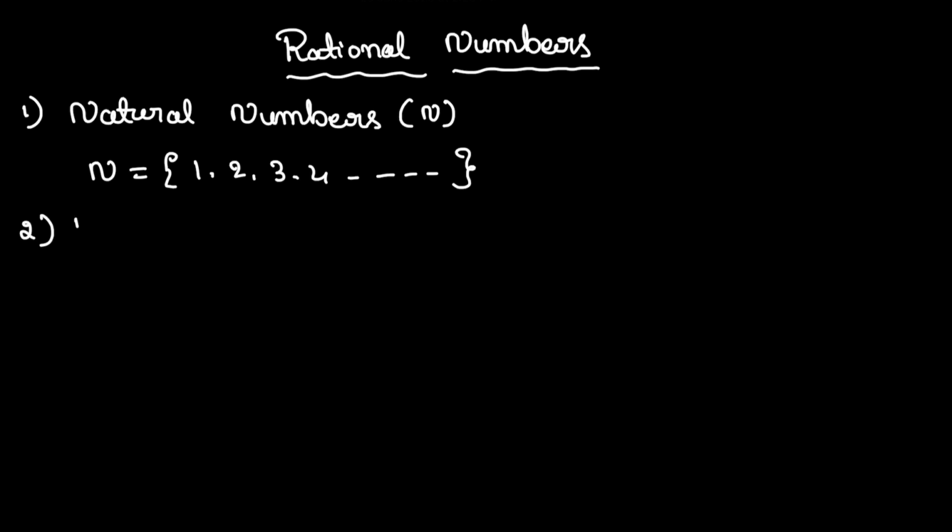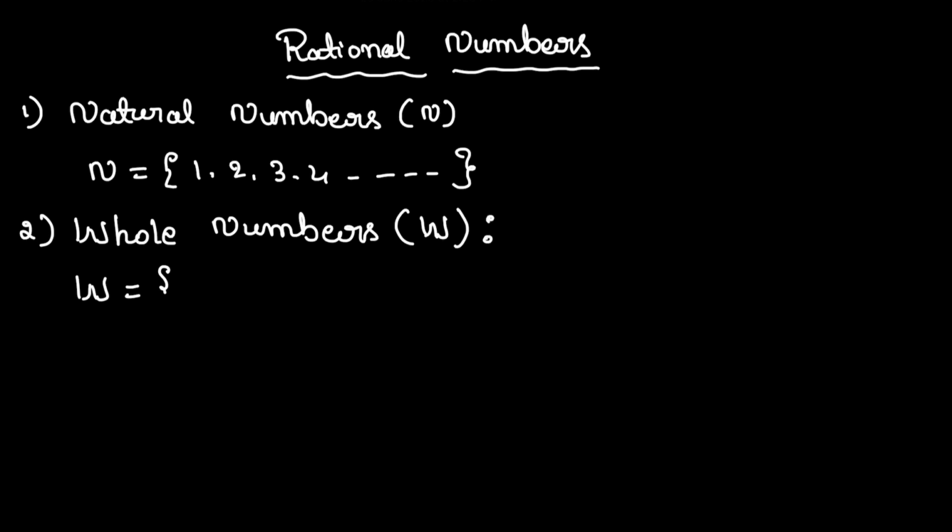Second type of number is whole numbers. Whole numbers are represented with capital letter W. It will start with 0. W equals 0, 1, 2, 3, 4 and so on.